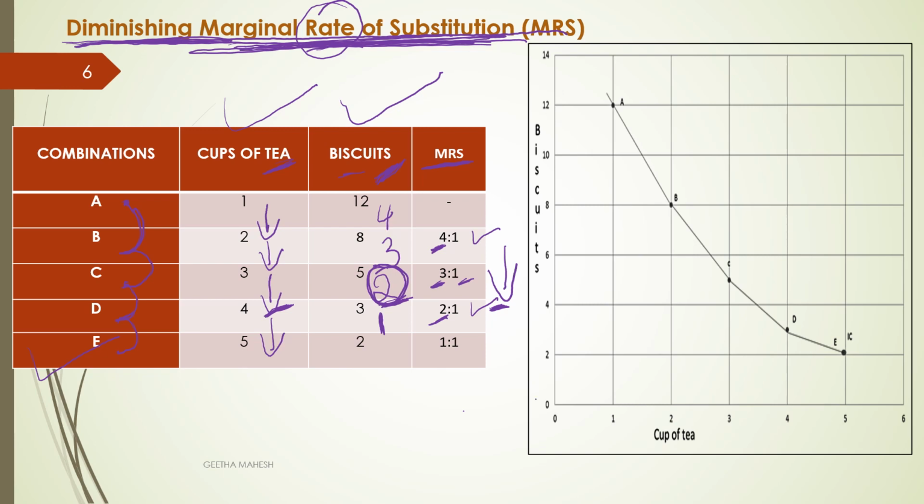If a consumer wants to be on the same indifference curve, or get the same level of satisfaction, he can derive the same level of satisfaction when he increases one commodity by sacrificing another commodity. But the amount he sacrifices each time keeps on decreasing. Now what do you mean by diminishing marginal rate of substitution?